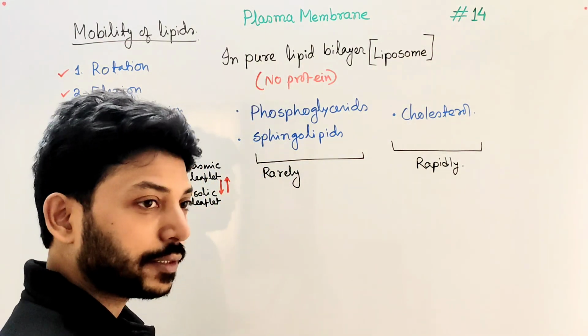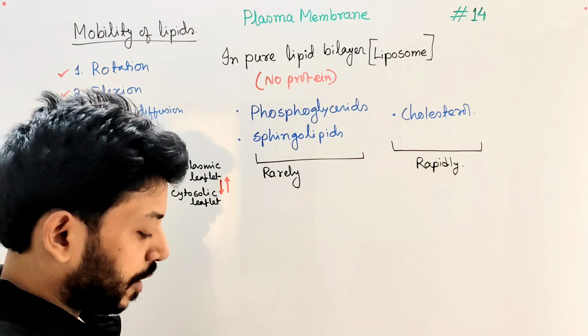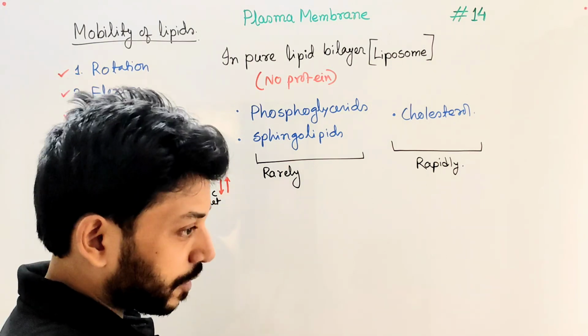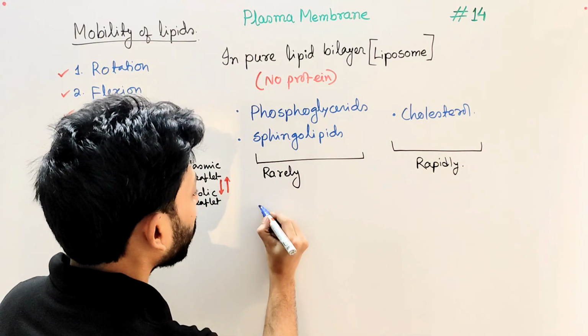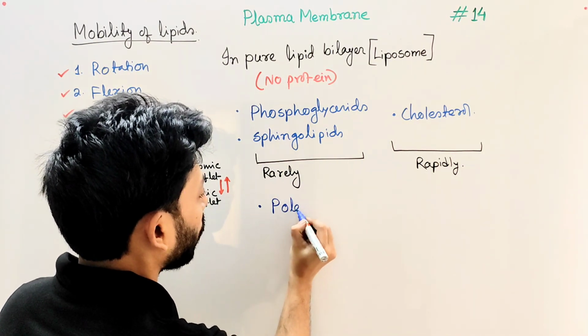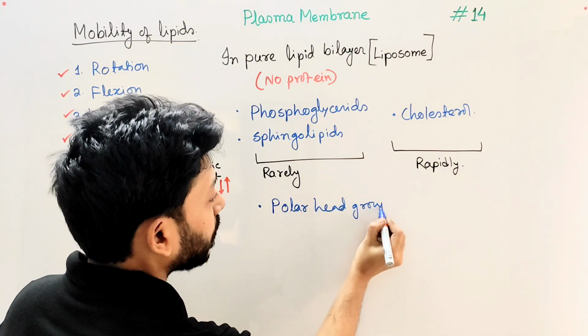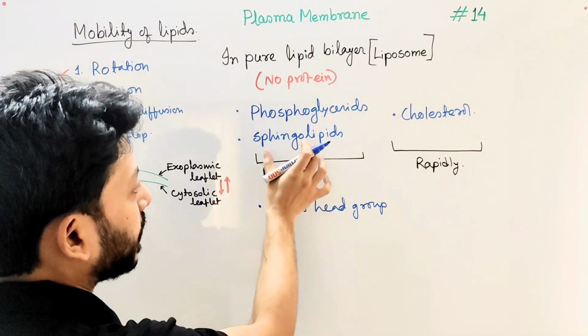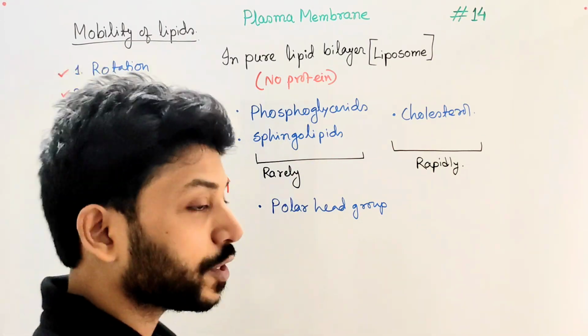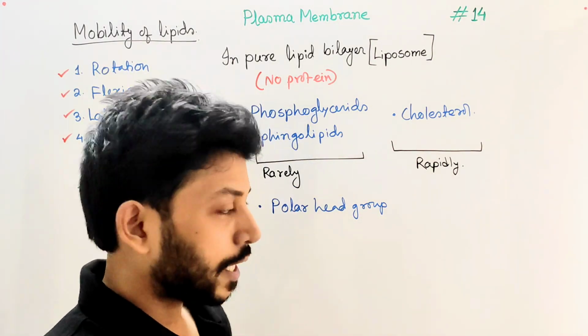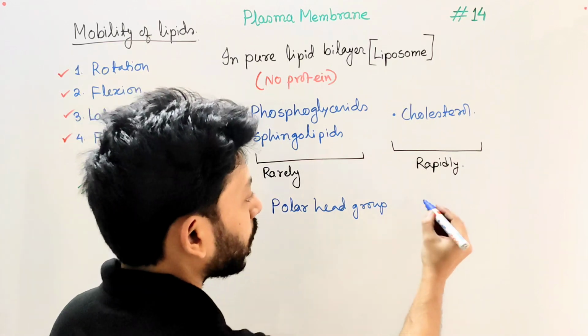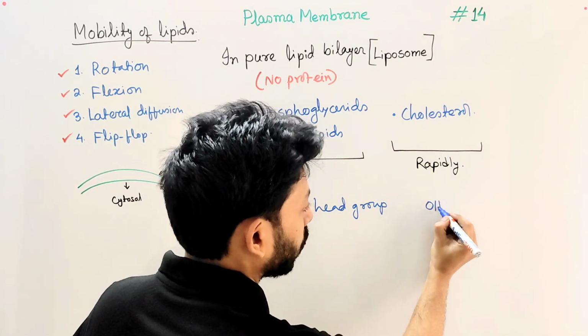Now, what is the reason behind this difference? You have to remember the reason is the polar head group. In case of phosphoglycerides and sphingolipids, the polar head group is large. And in case of cholesterol, the polar head group is a single hydroxyl group.